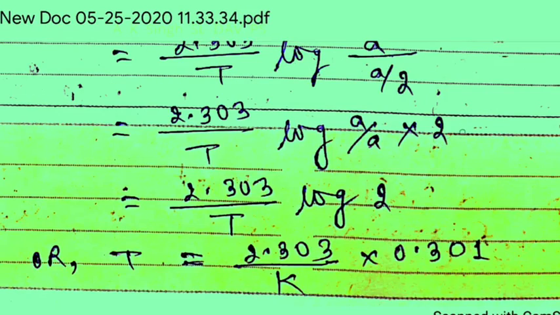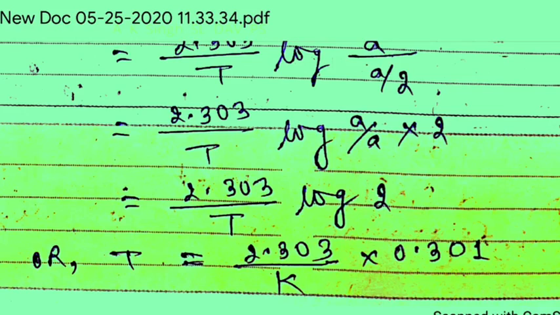It is equal to 2.303 by T log 2. Why 2? Because a and a will be cancelled.